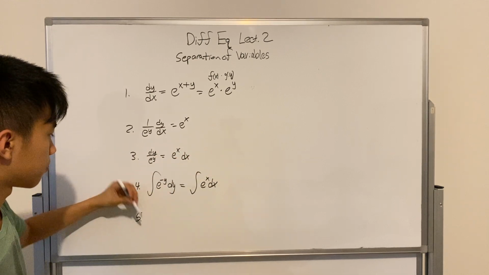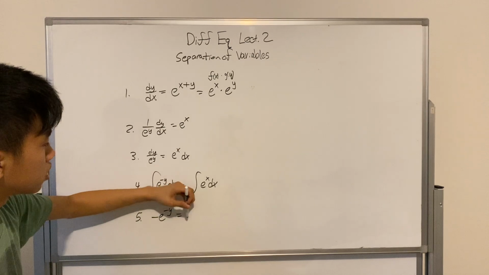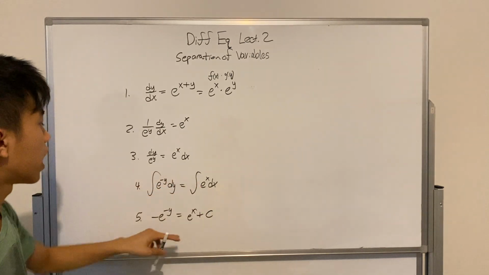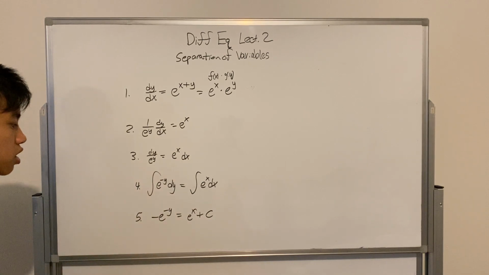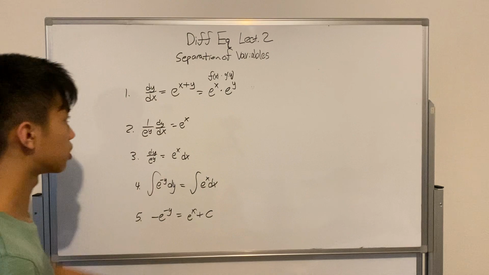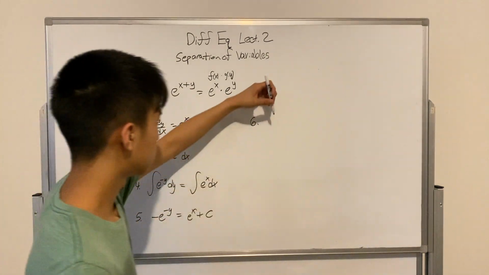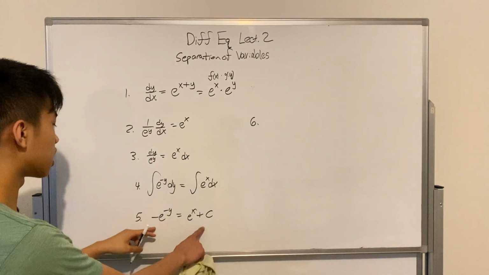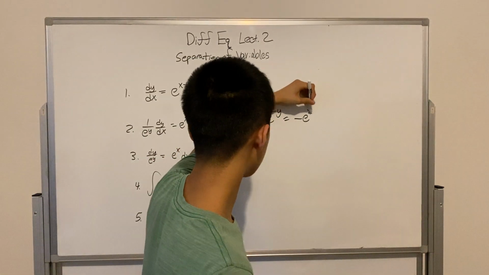Then we can say this is negative e to the negative y equals e to the x plus c, where we had a c1 here initially, but we just transferred it over to this side, just like we did in the last problem. After that, solving for y is just simple algebra. So let me just finish the algebra. We could make both sides negative, so we now have e to the negative y equals negative e to the x plus c.